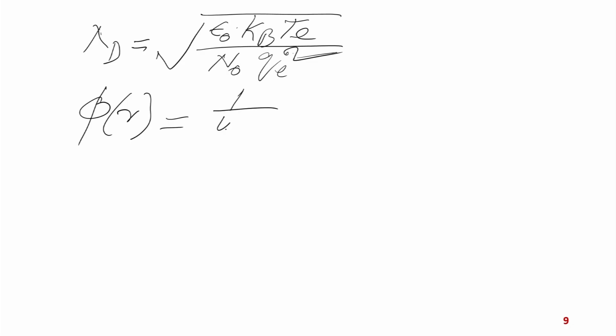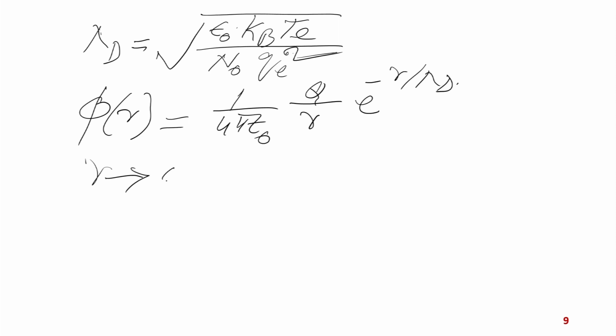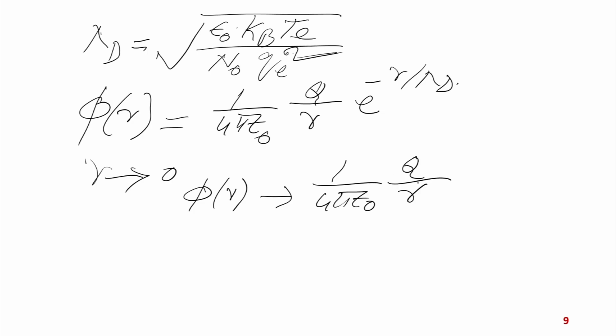1 by 4 pi epsilon 0, q by r, times e to the power minus r by lambda D. Now, see the case when r tends to 0: phi r tends to 1 by 4 pi epsilon 0 q by r, similar to an isolated charge in free space.